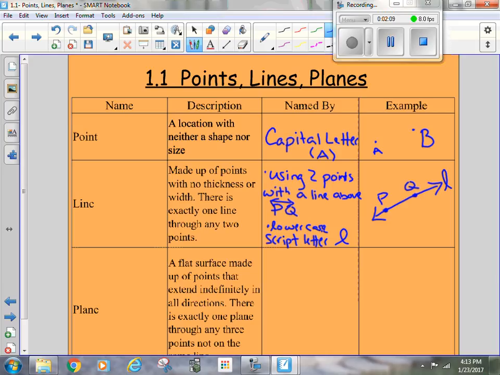And then a plane is a flat surface made up of points that extend indefinitely in all directions. And there is exactly one plane through any 3 points that do not lie on the same line. So you can label this by using 3 points that are not on the same line.